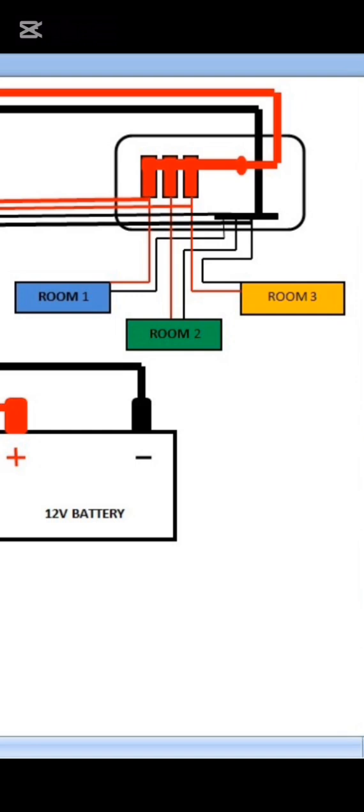But there's something very serious to take note of with the diagram, for the connection of the AC output of the inverter to room 2 and room 3 of the building.